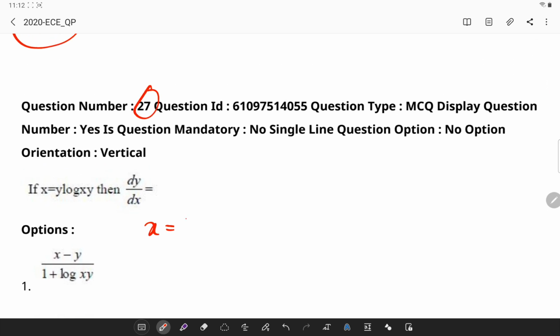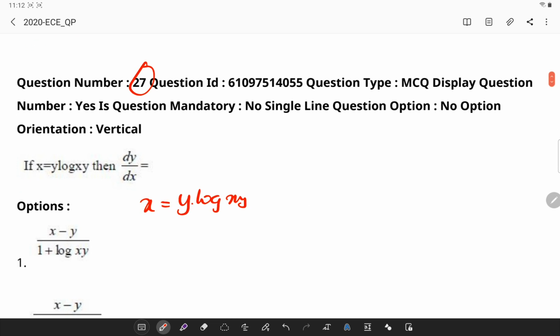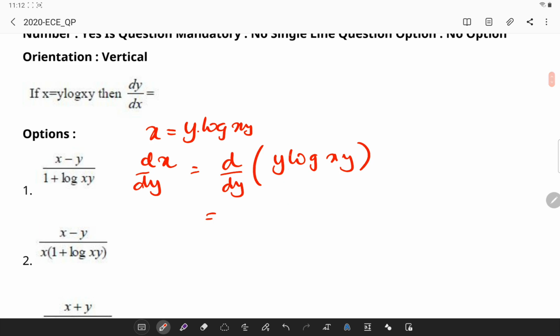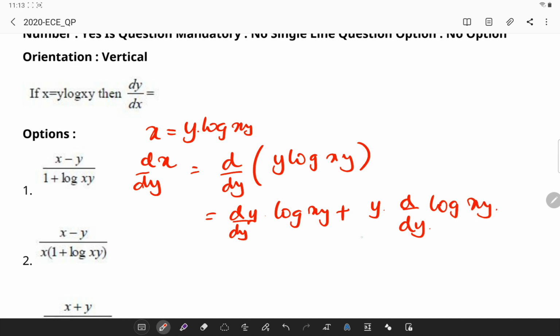Here you have x is equal to y log xy. So if I do derivative with respect to y, so d by dy on both sides, and d by dy of y log xy. So here I will be getting derivative of y is 1, into log xy, plus y into d by dy of log xy.